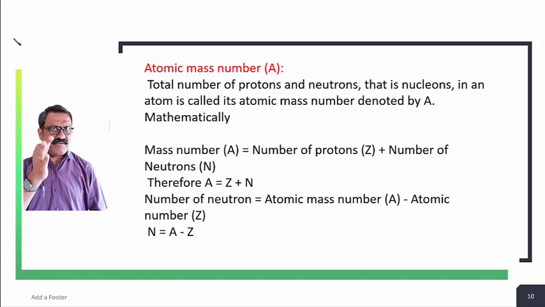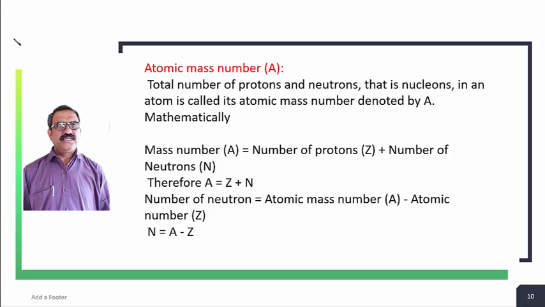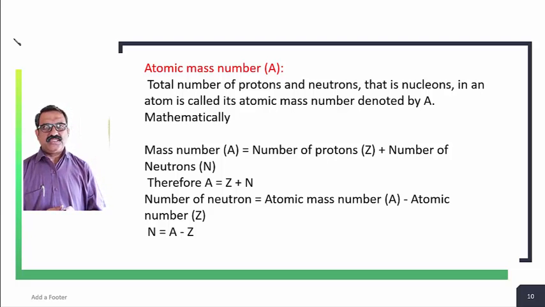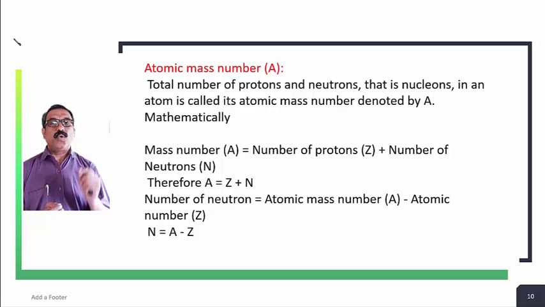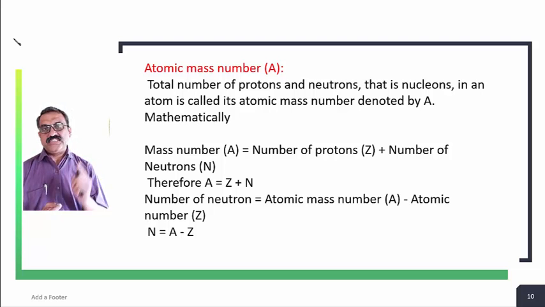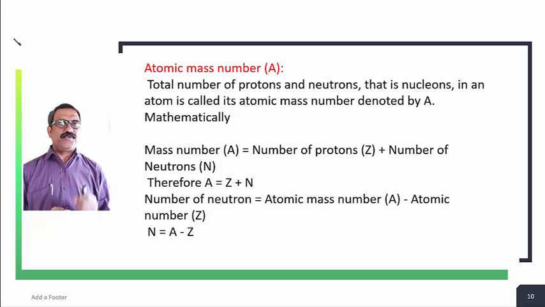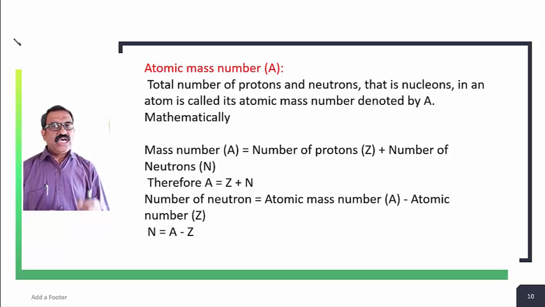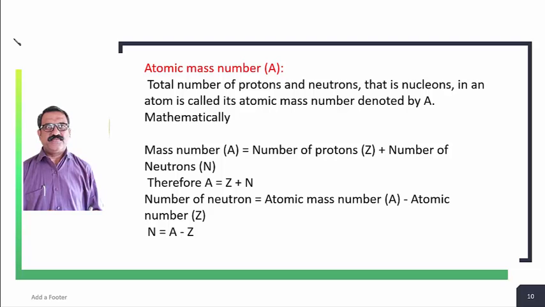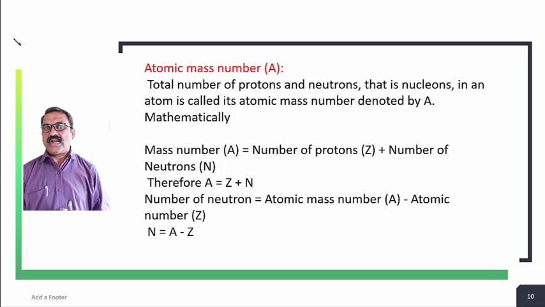And this atomic mass number is nothing but the total number of protons and neutrons. The atomic mass number is the sum of the total number of protons as well as the total number of neutrons, that is, the total number of nucleons in an atom is called the atomic mass number.